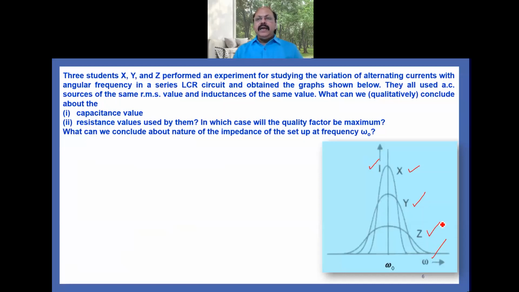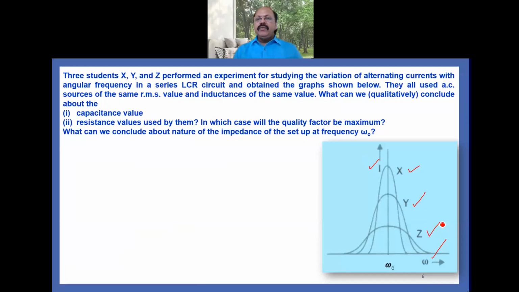Now the condition is that they all used an AC source of the same RMS value and an inductance of the same value. So what can we qualitatively conclude about the capacitance value and resistance value used by them?